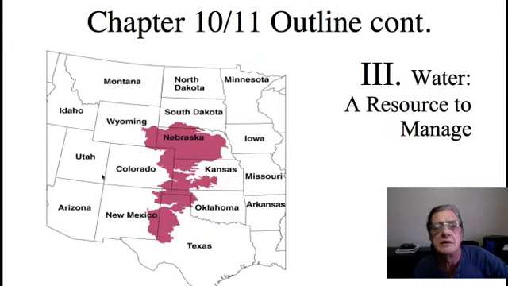One of the main suppliers of fresh water in the United States, besides the Great Lakes and some other open lake systems within the United States, is something known as the Ogallala Aquifer, which is shown here in this pink. The Ogallala Aquifer refers to underground water that exists in the central United States.